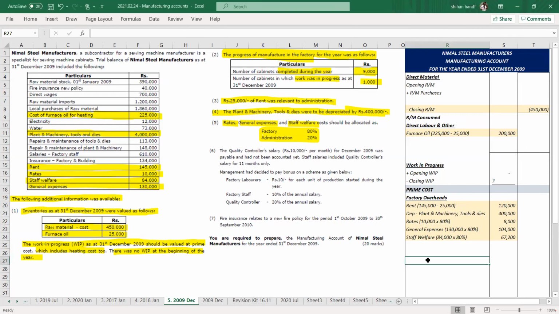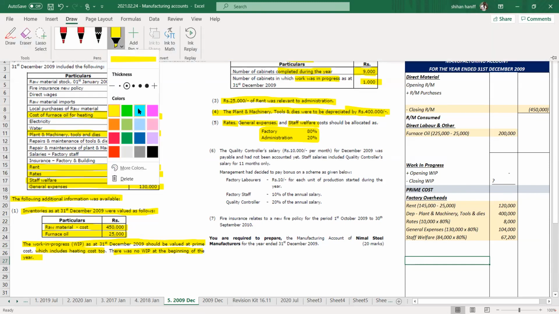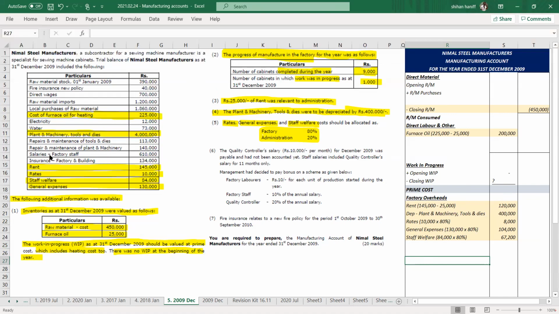Then another very important adjustment. The quality controller's salary, 10,000 rupees per month, for December 2009 was payable and had not been accounted yet. Staff salaries included quality controller salary for 11 months only. So here in the trial balance, there is staff salary.